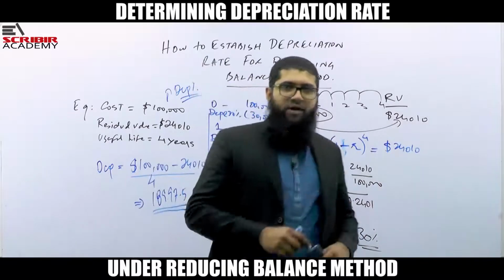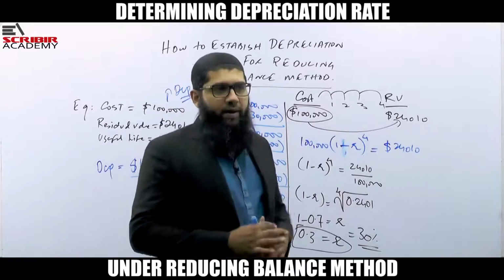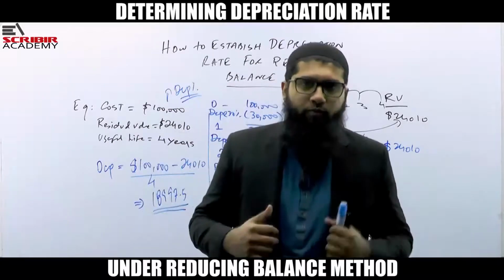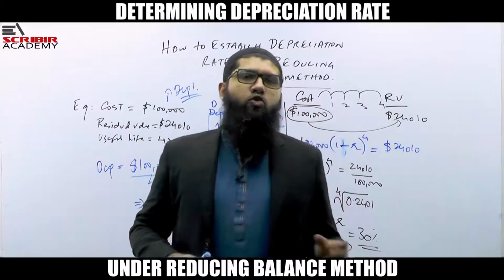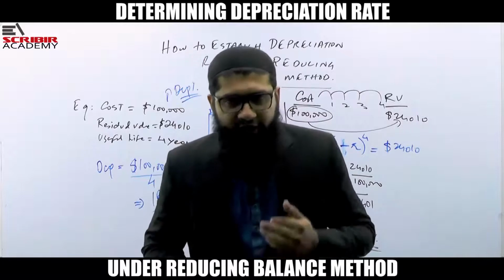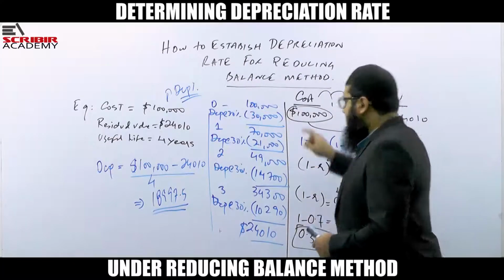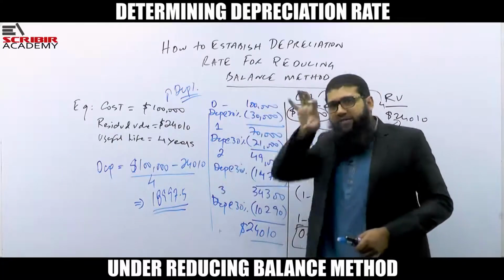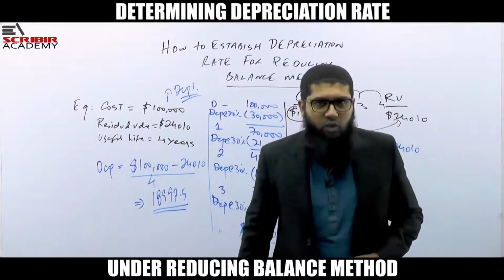So if any one of you has a question in mind about why we do not deduct the residual value from the cost of the asset while establishing the depreciation under reducing balance, here is the answer: the depreciation rate considers the residual value.